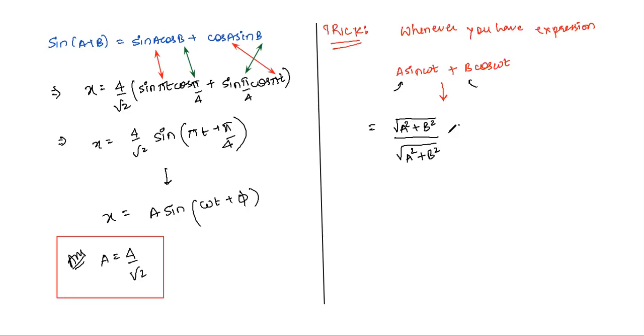Then have a look, class. This is A sine omega t plus B cos omega t. Now allow under root of A square plus B square to be here and take the denominator inside.